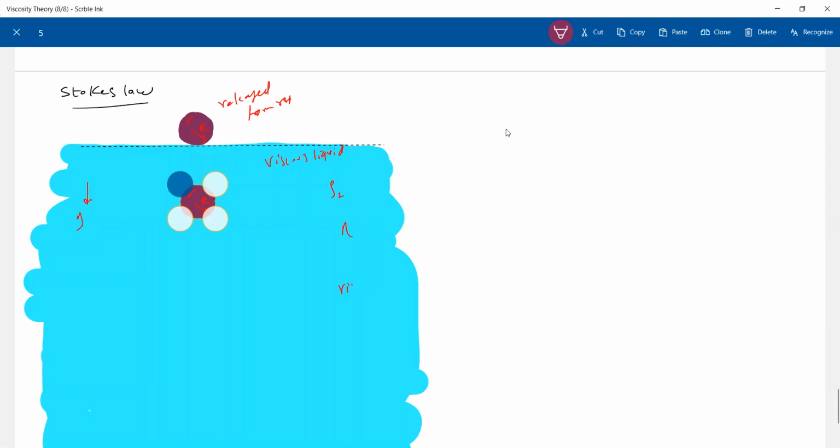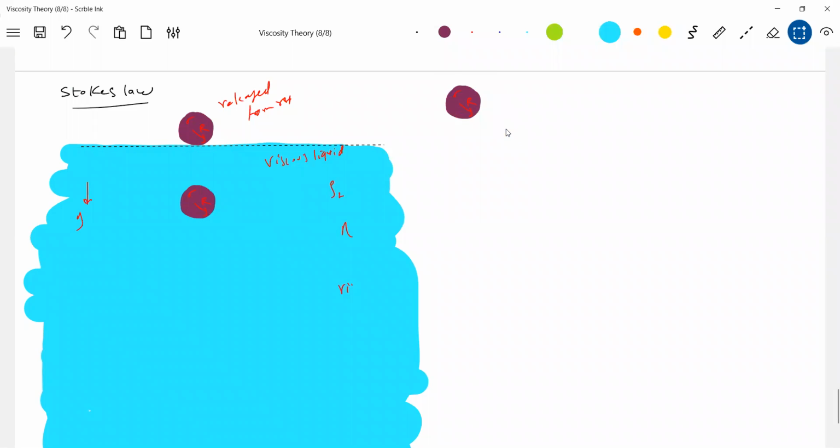Let me keep one thing here. What are the various forces that will be acting on it? Mg, buoyant force, and the viscous drag also.